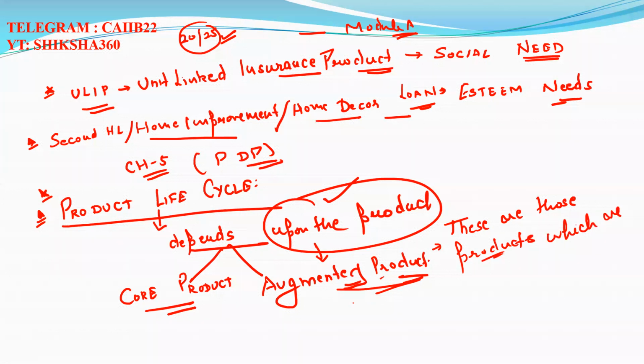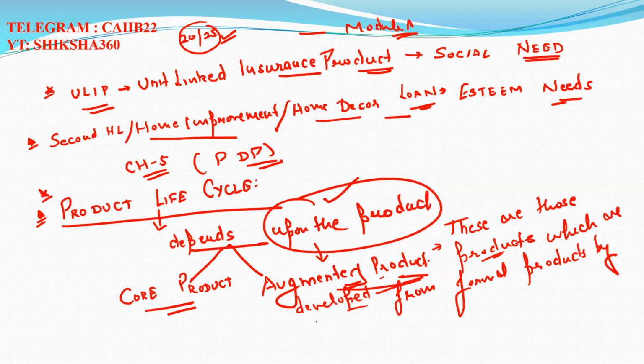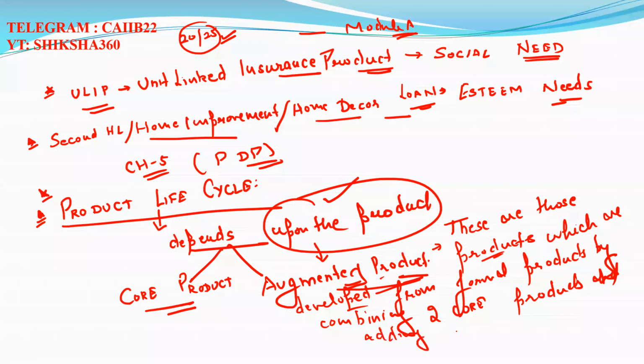These are those products which are developed from formal products by combining two core products and adding value.